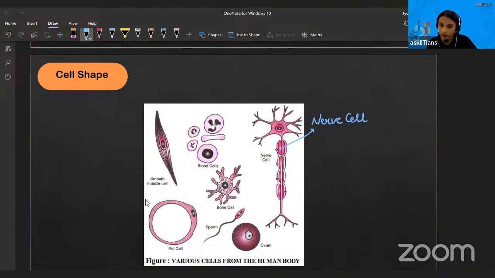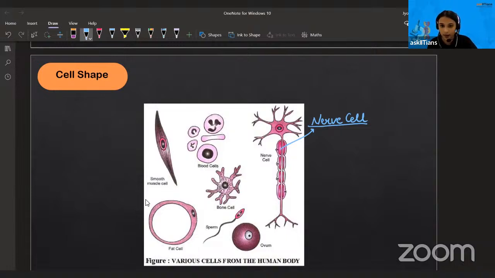What is the function of a nerve cell? Actually, it's a part of our nervous system. It helps in transfer of signal from one place to another place, right? So based on their function, that's why they have this branched and elongated structure.